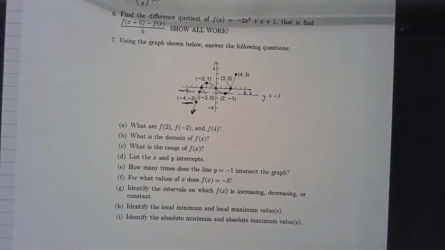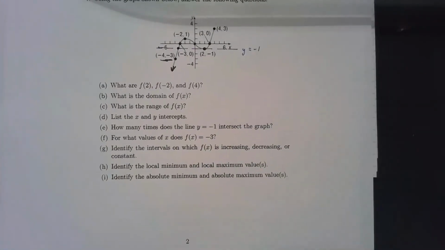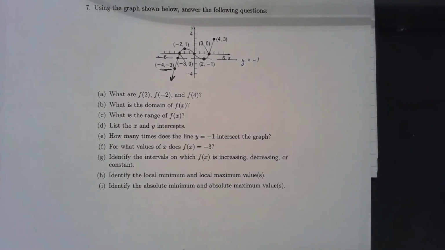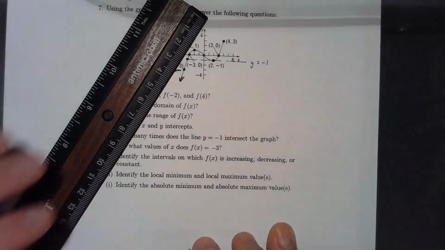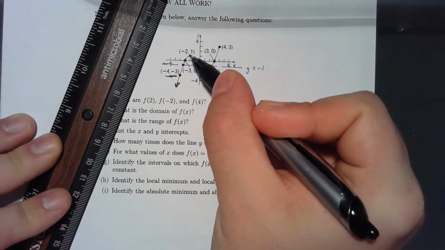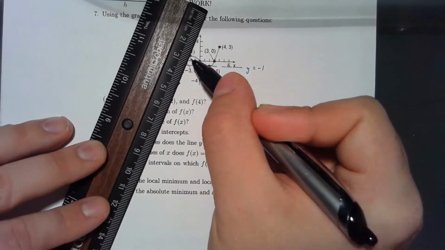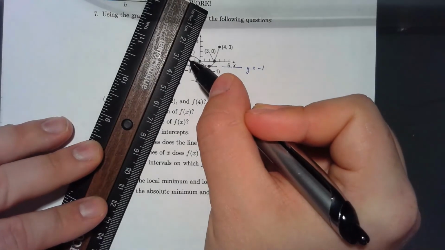Letter G. Identify the intervals on which f of x is increasing, decreasing, or constant. All right. So it's increasing if it's going up from left to right. You know that. So from left to right, this is going up until I get to this point right here. So I'm increasing on this interval.